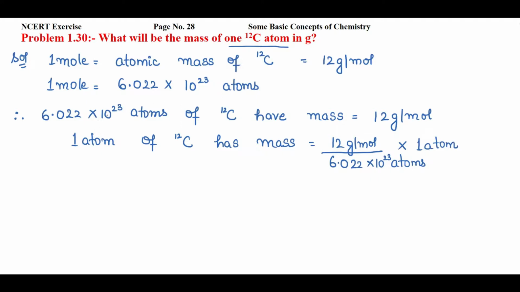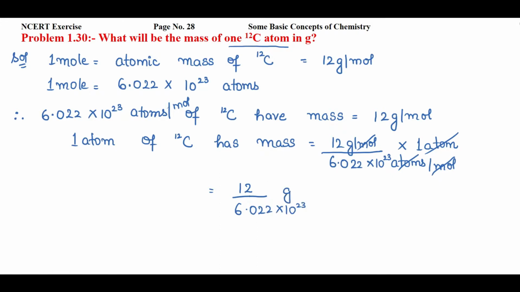Now this is obviously the number of atoms in 1 mole, so you can write mole over here. So definitely this will be 6.022 into 10 raised to power 23 atoms per mole. So I'll cancel the mole inverse with this, and atom with this. The rest value is only 12 by 6.022 into 10 raised to power 23 gram.